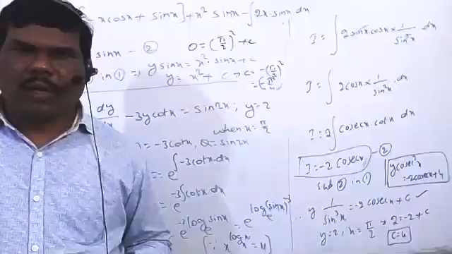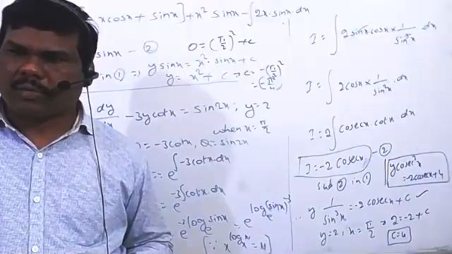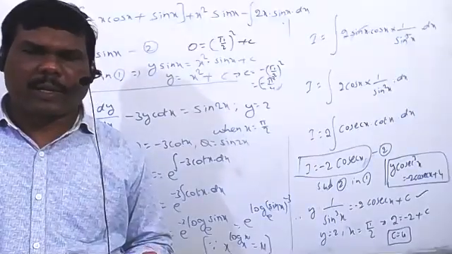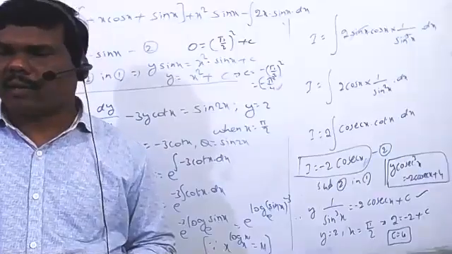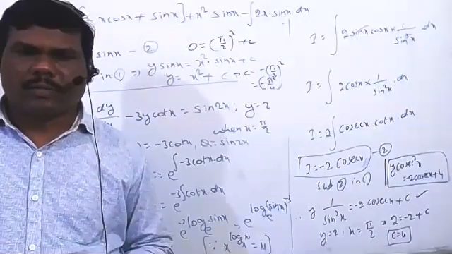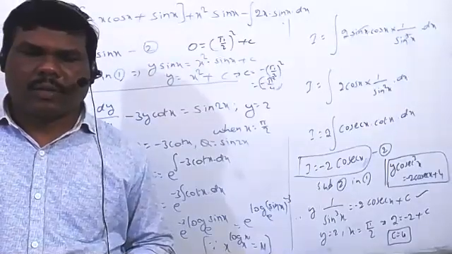Order of differential equation. Order, yes. Degree. It means the first exercise was completely depending on order and degree. I'm correct? Order and degree we have done. Then what is the next concept we learned? General and particular solutions.